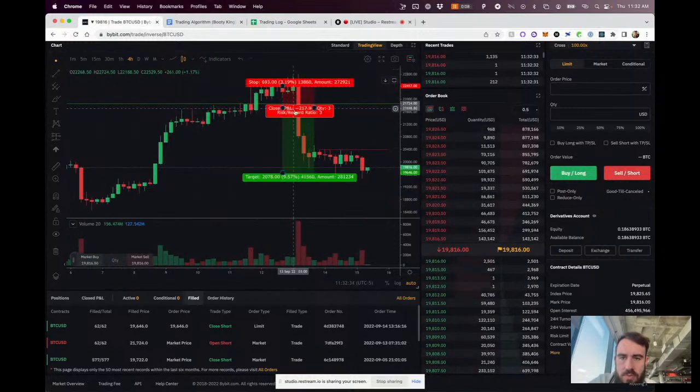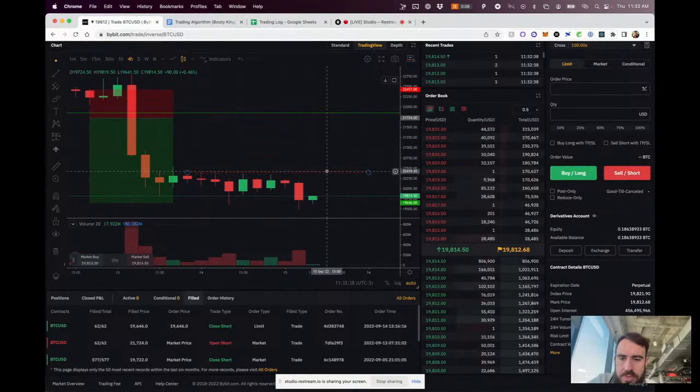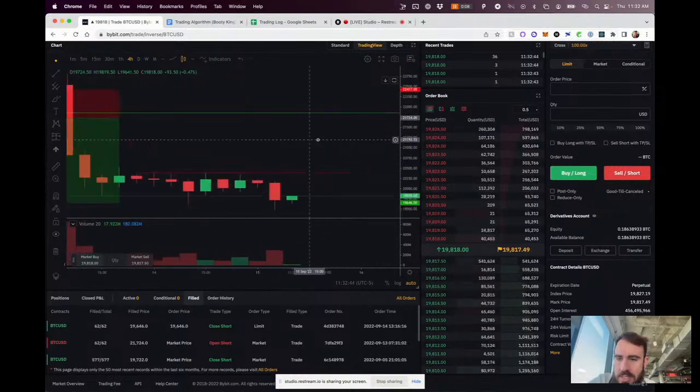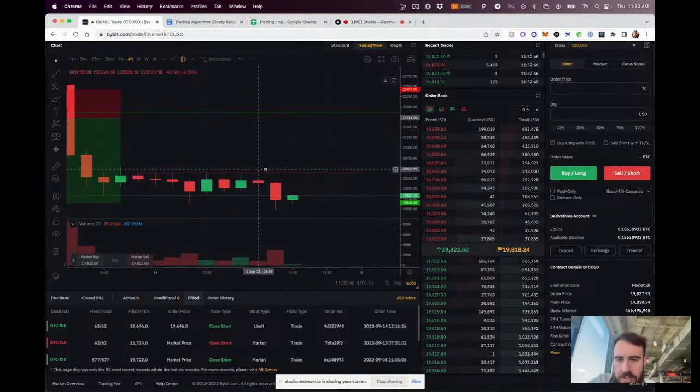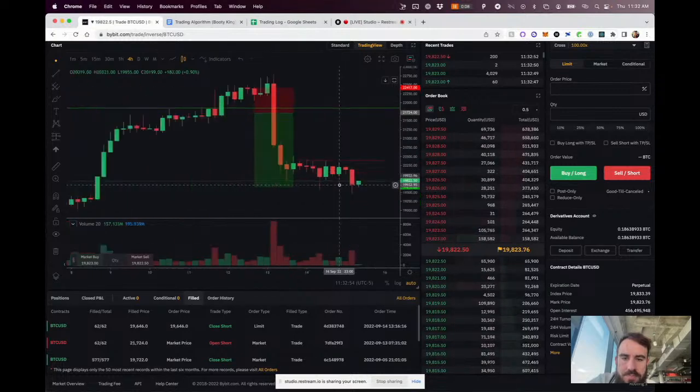We want to see it go above the level, and then we're going to enter going short. So just countering retail here. It's not exact, it's kind of a range, but this is pretty close. So we're hoping for it to go above here and enter short.